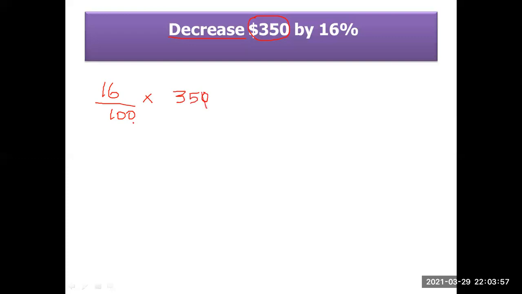All right. So what do we have left? We have 16 times 35 as the numerator. And what did we have left as the denominator? Right, we have a 10.